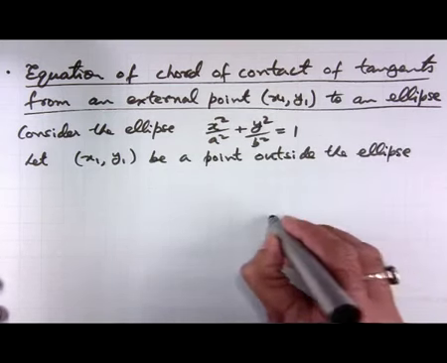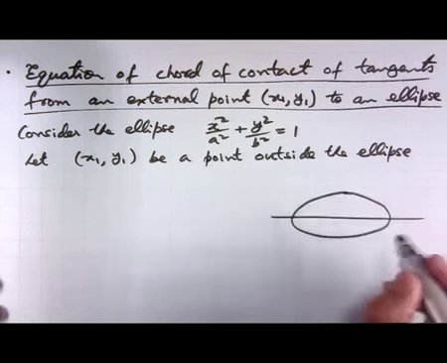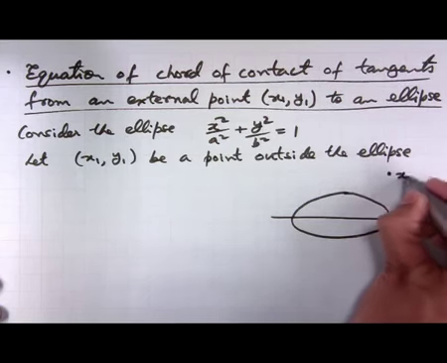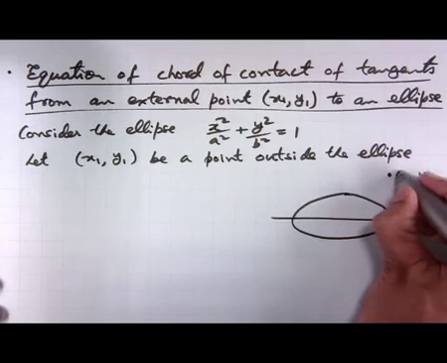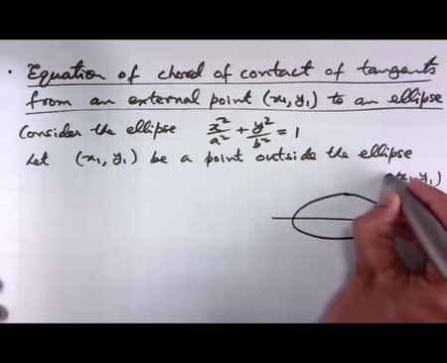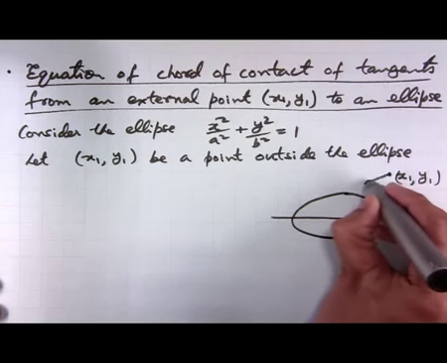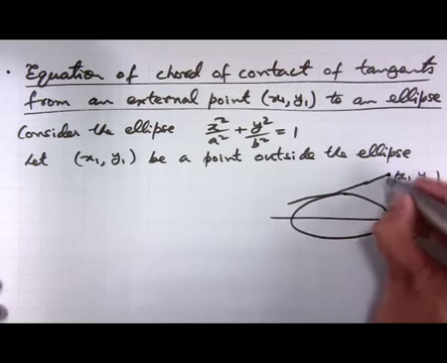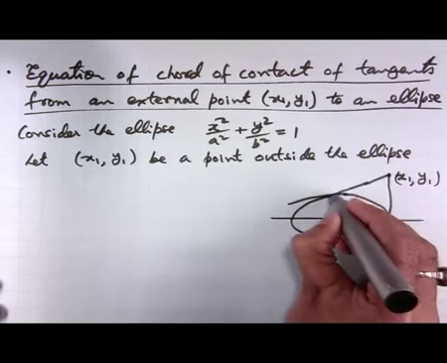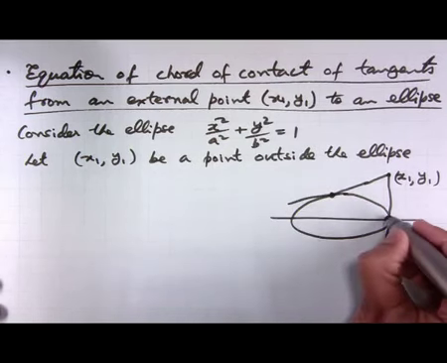So, we have this ellipse and we have some point (x1, y1) which lies outside the ellipse. Now, from this point (x1, y1), two tangents can be drawn to the ellipse, and what we are required to find is the chord of contact.